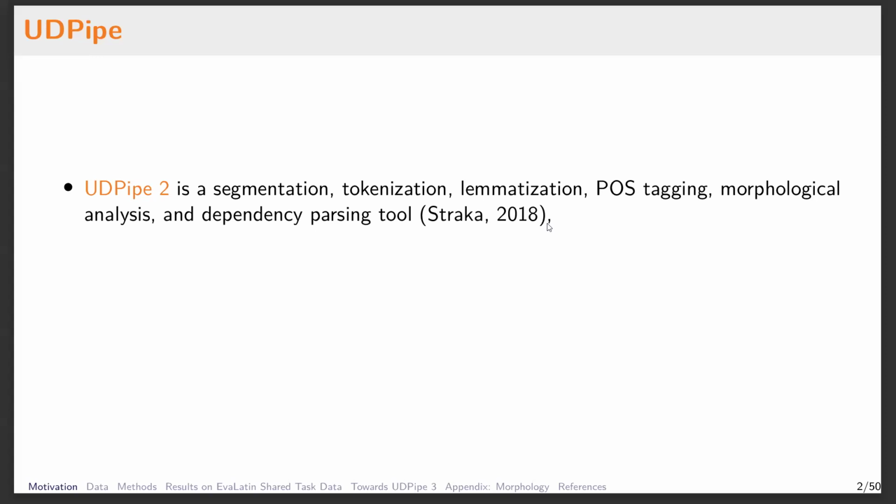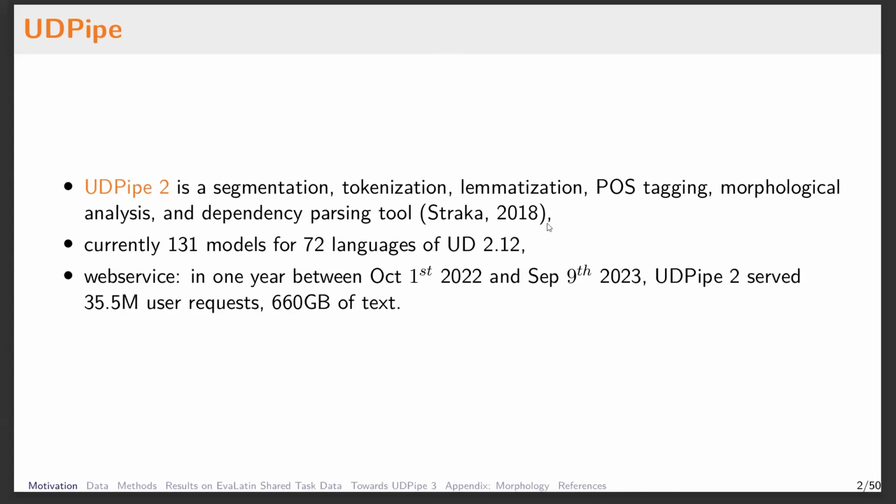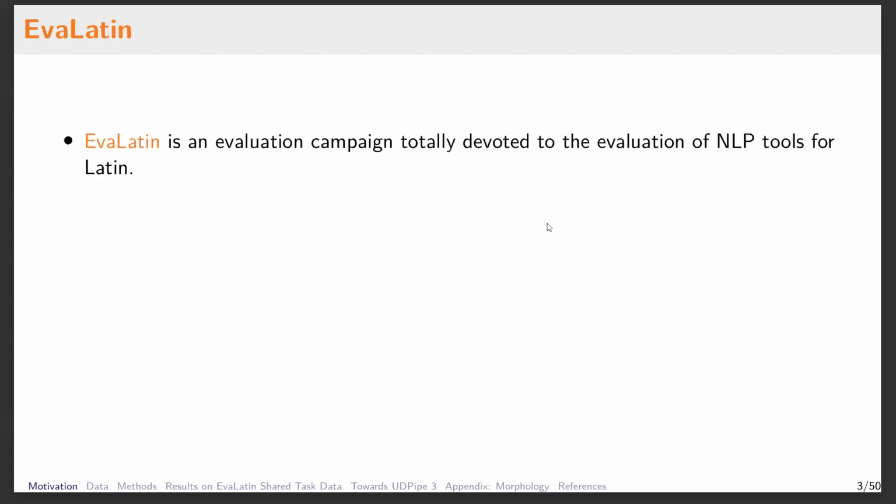The second version was launched in 2018, and we currently have 131 models for 72 languages of Universal Dependencies version 2.12. We have a web service for which we served, in a span of 1 year between October the 1st and September the 9th, nearly 36 million user requests, which amounted to 660 gigabytes of text. But UDPipe 2, the architecture, is quite ancient.